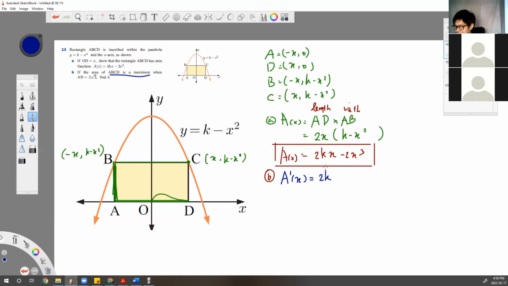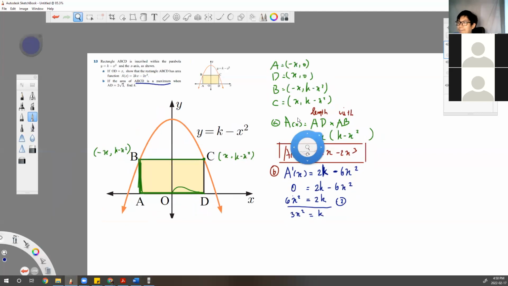K is constant, so don't change this. X becomes 1, minus 6x squared, equals 0. And then you can put everything to the left, the positive one, and the negative becomes positive. Divide by 2. And you have to find the value of K, but it's still x squared.